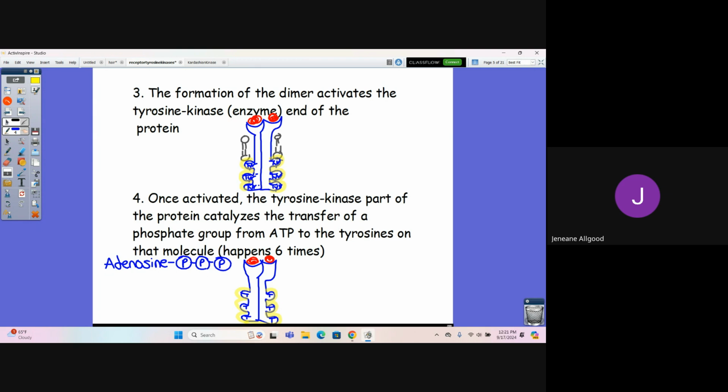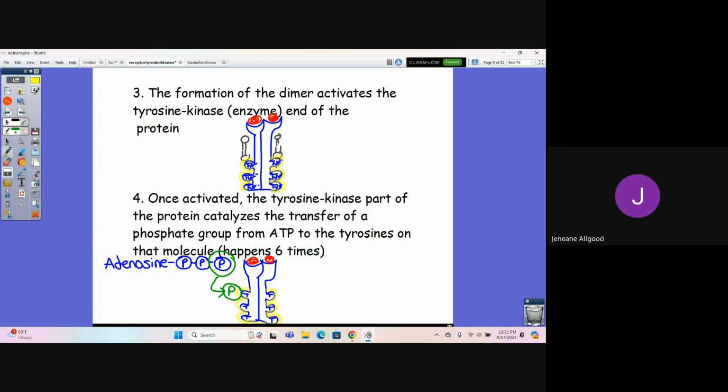So now that this tyrosine kinase end of the protein is active, it's going to do its job, which means the kinase part, again, remember Robin Hood, it steals from the rich, it gives to the poor. It is going to steal the phosphate group off of here, and it's going to add it there.